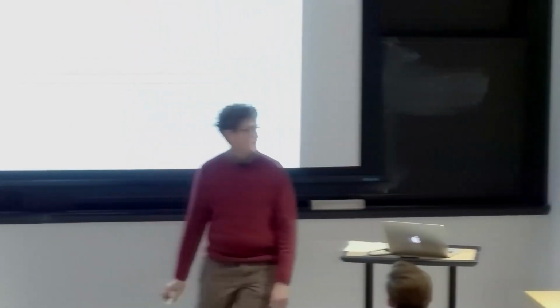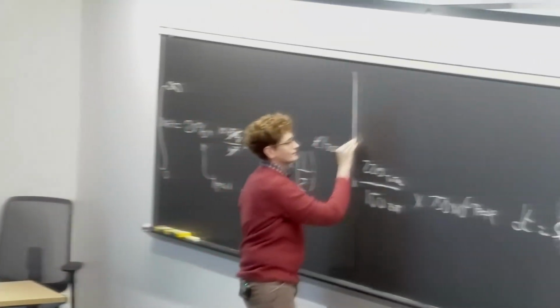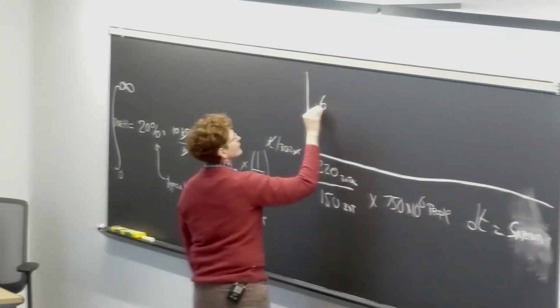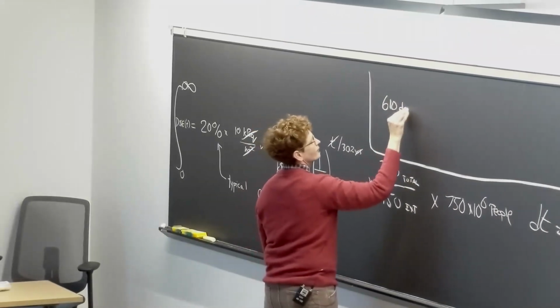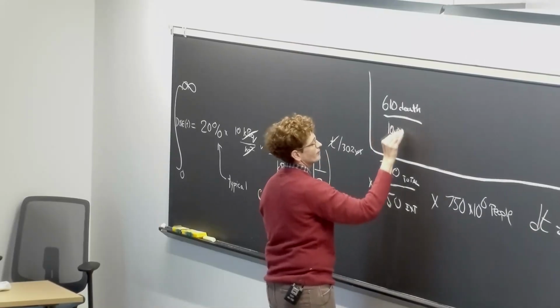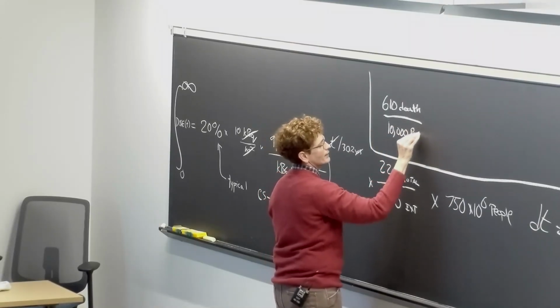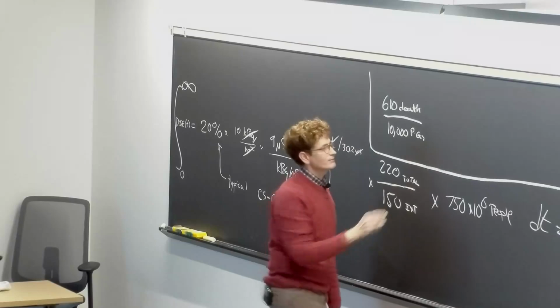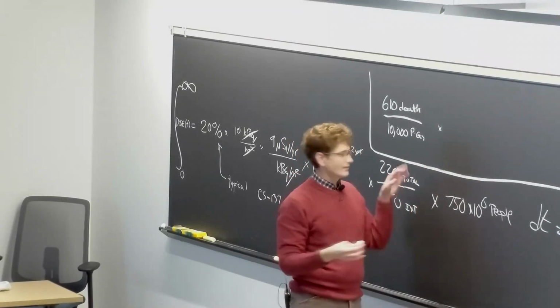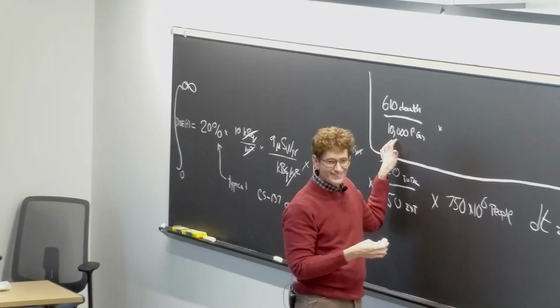So let's do that here. 610 deaths per 100,000 person gray. And how many person gray did we have? 860,000 person gray, which is 86 times 10,000, right?